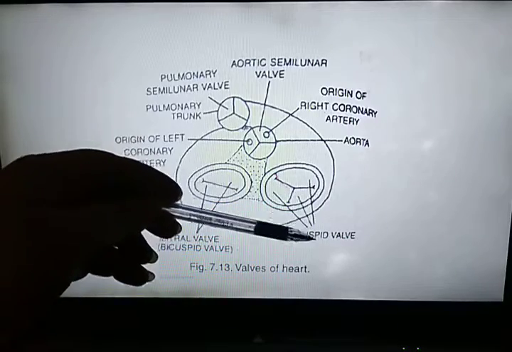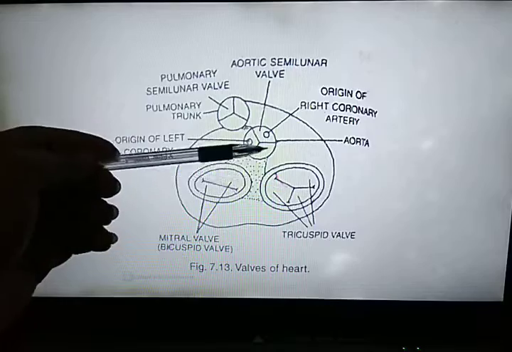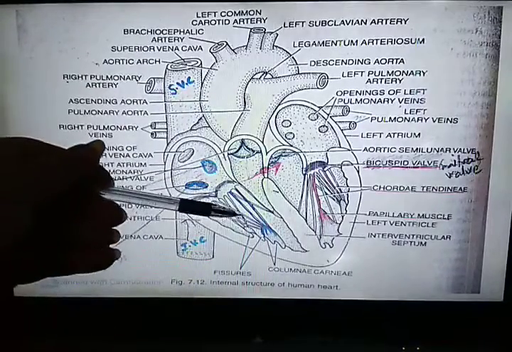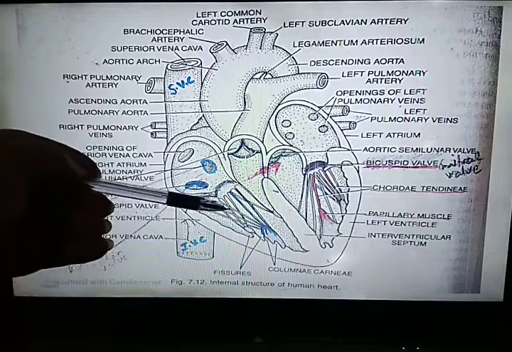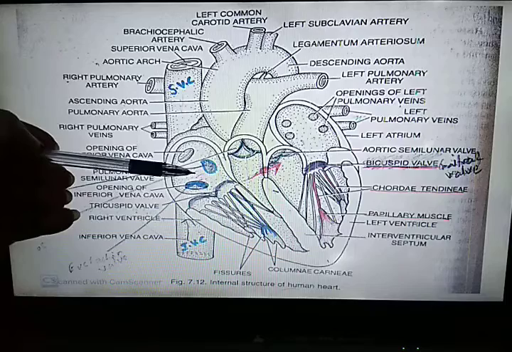It means the blood from the auricle can enter the ventricle, but blood from the ventricle cannot flow back into the auricle.